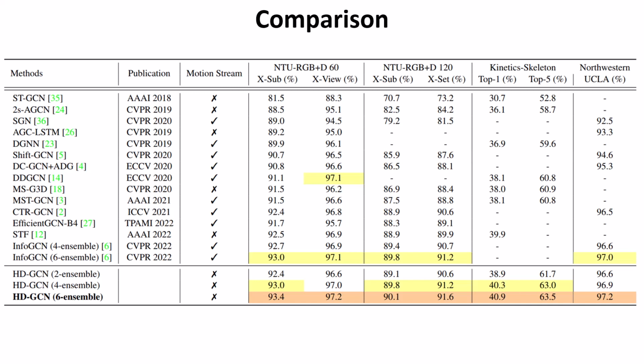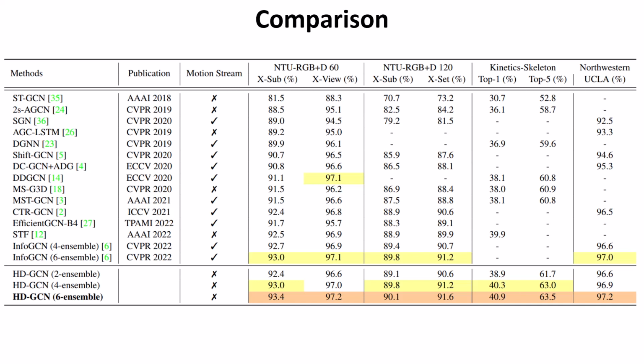So we can see cross-subject is 0.4% better, and cross-view it is only 0.1% better. And in NTU RGB 120, which has double the number of actions, it is getting like 0.3% better in cross-subject and 0.4% better in cross-set.